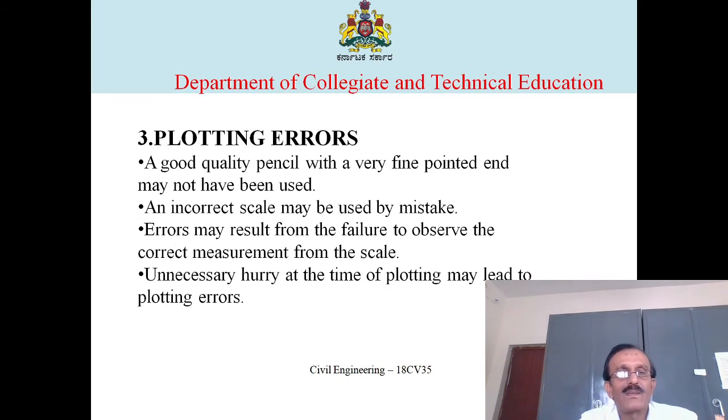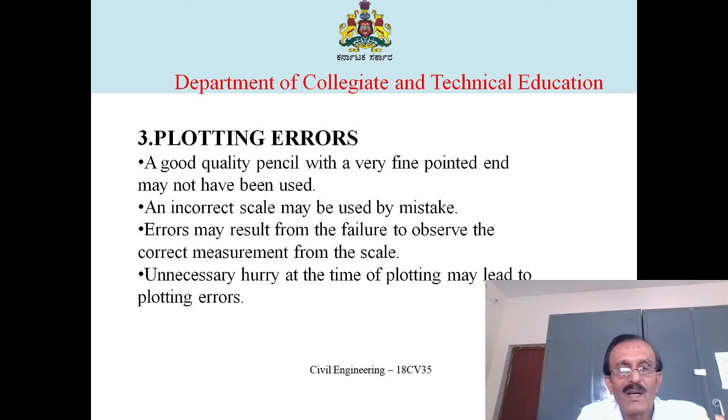The plotting errors. These errors include: if you are not using a good quality pencil with a fine tip, there will be the possibility of error creeping in. An incorrect scale may be used by mistake, so sometimes an error may occur when you plot the sheet with some incorrect scale. The errors may result from failure to observe the correct measurement from the scale.